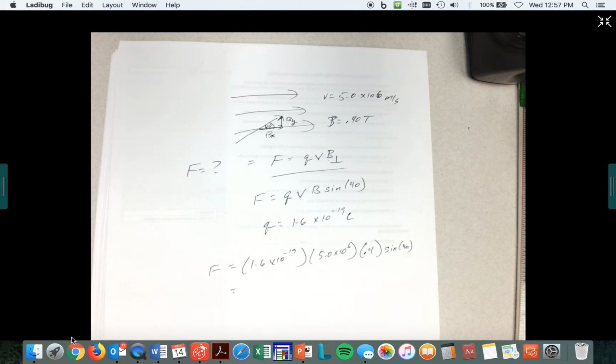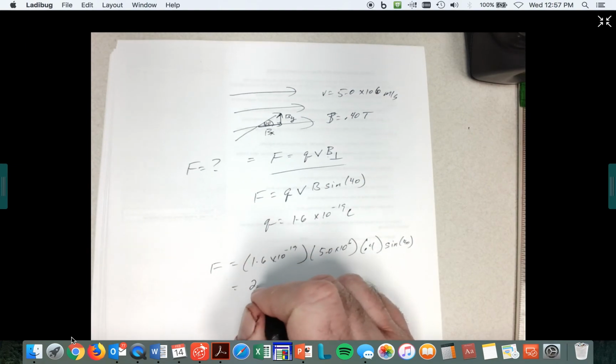So 1.6 E to the negative 19, 5 E to the 6th, times 0.4, times the sine of 40.